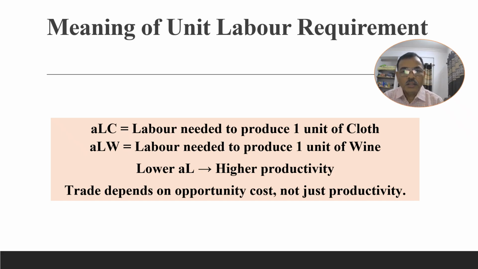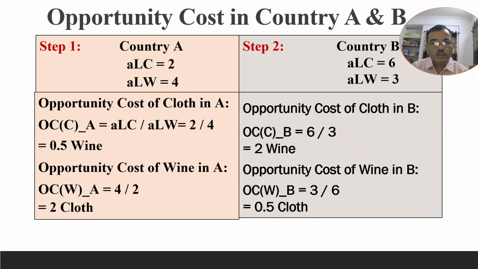And this distinction between productivity and opportunity cost is the key foundation of the Ricardian model. Let us explain this opportunity cost for country A and country B, step by step.